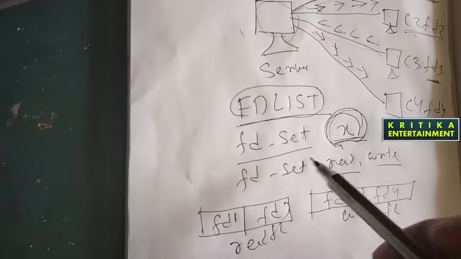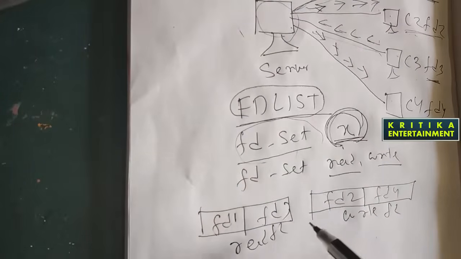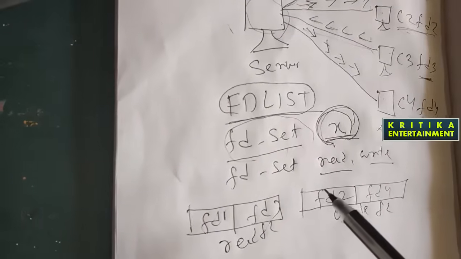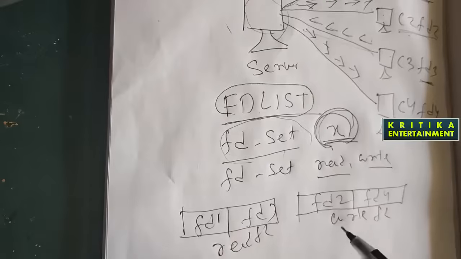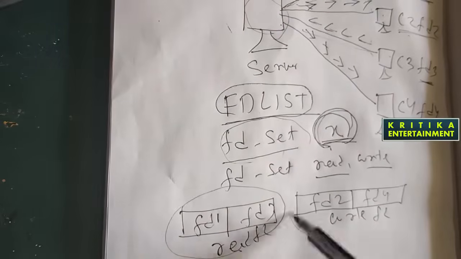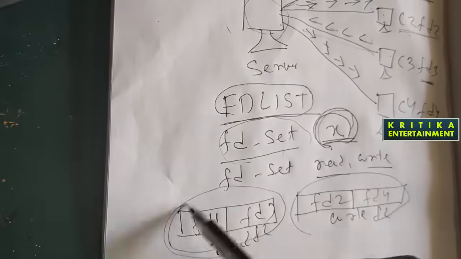The FD set data type is used to create a set of FDs for reading purpose and for writing purpose.